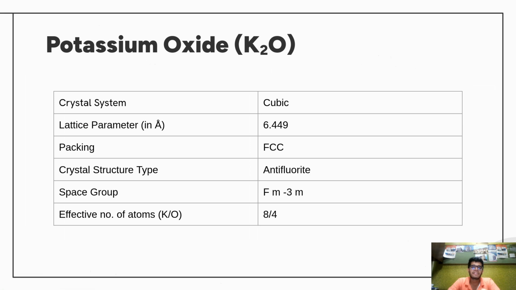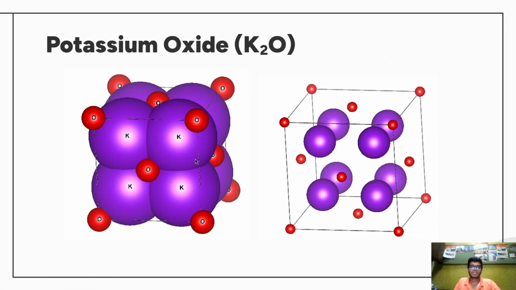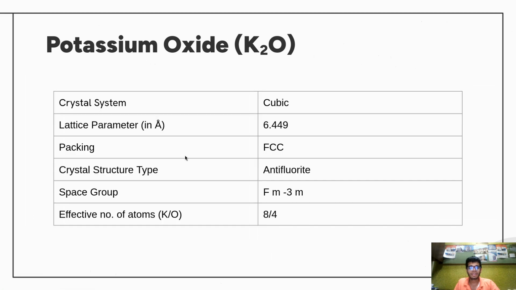The effective number of atoms this time is 8 potassium cations and 4 O2- anions, which also gives it the formula K2O, because there are double the number of potassium ions. The space group here is Fm3̄m, same as calcium telluride. I don't have images this time because the size difference was too big, so it would be much harder to visualize. But it is pretty easy to visualize that it has this space group.